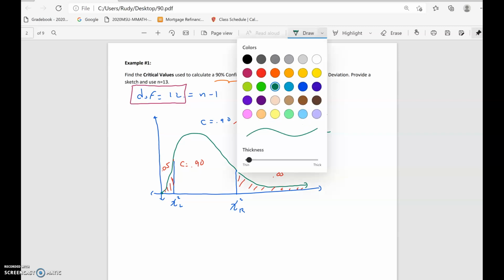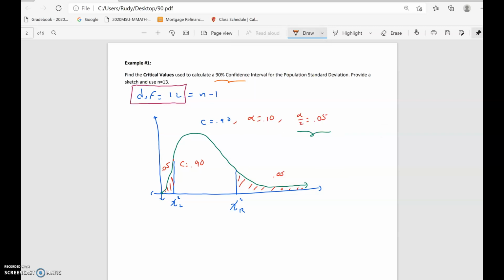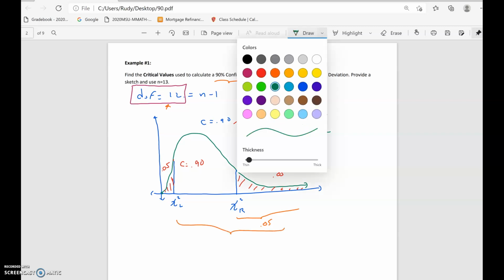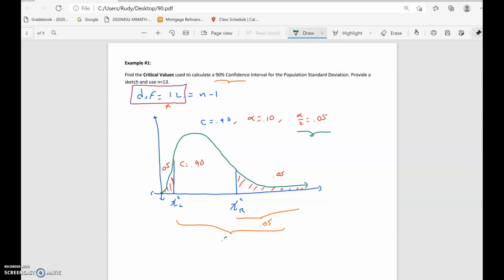Now, remember how to read the table. So we're going to be looking at 12 degrees of freedom, and this specific value is going to have 0.05 area to the right. The chi-square value on the left is going to have 0.90 plus the total area of the chi-square value on the right.